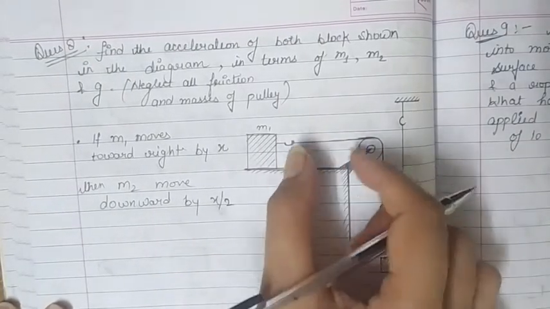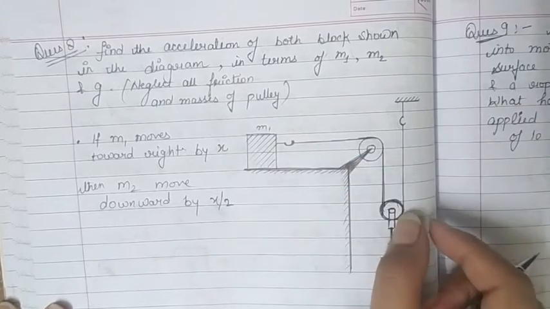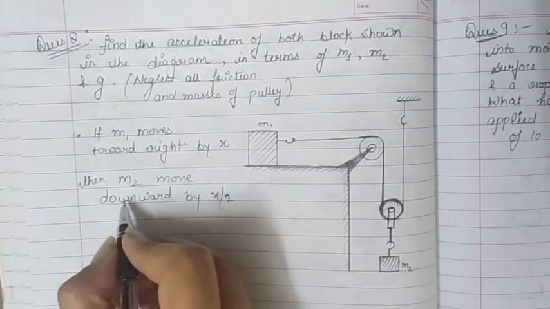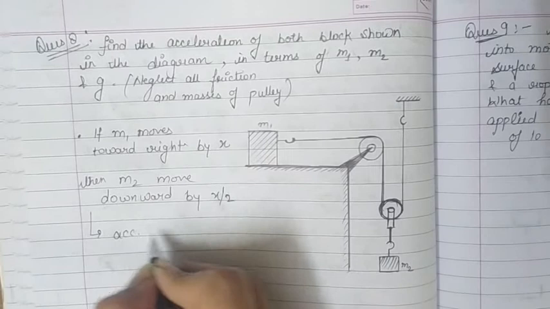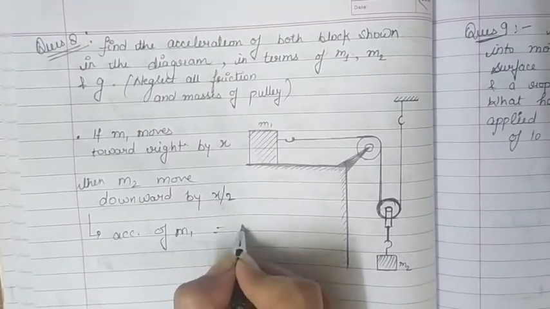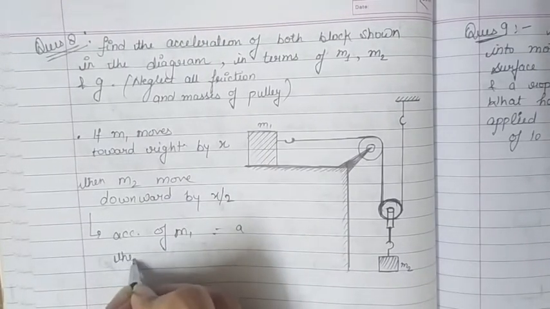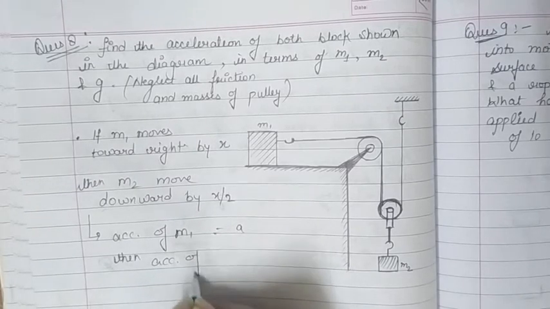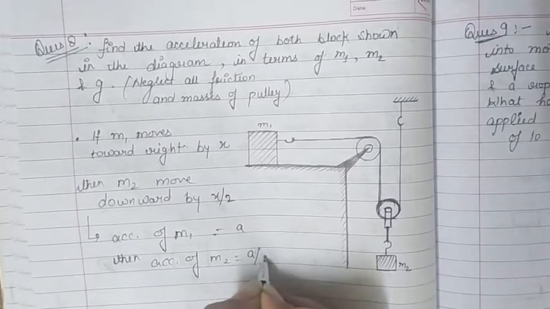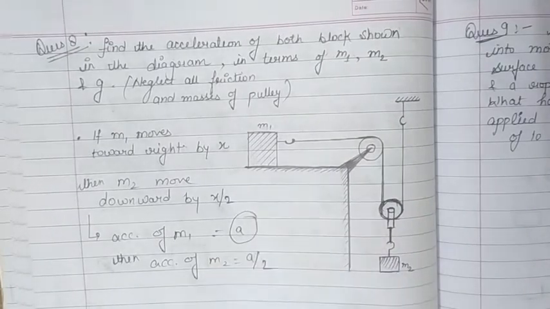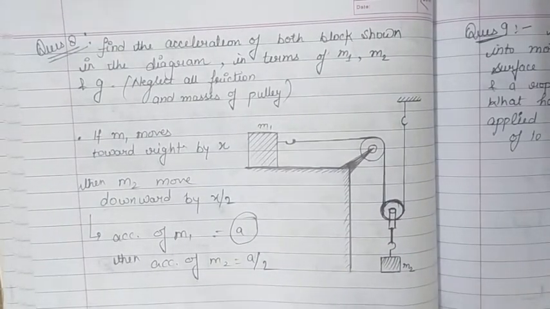So if x comes here, it will be x by 2 in this and x by 2 in this. Because of this, if the acceleration of m1 is a, then acceleration of m2 will be a by 2. So basically we have to find a single acceleration. After that we will use it to get the acceleration of m2.